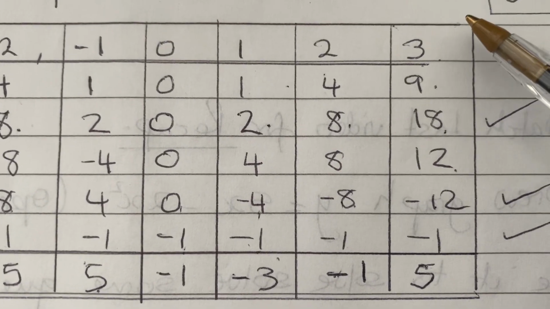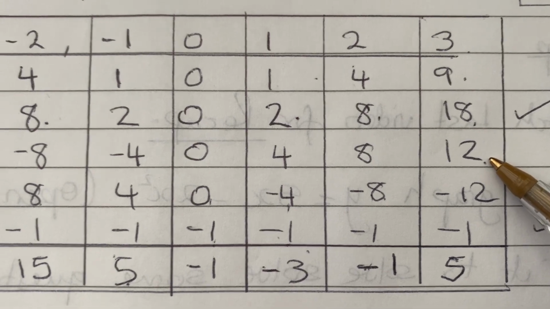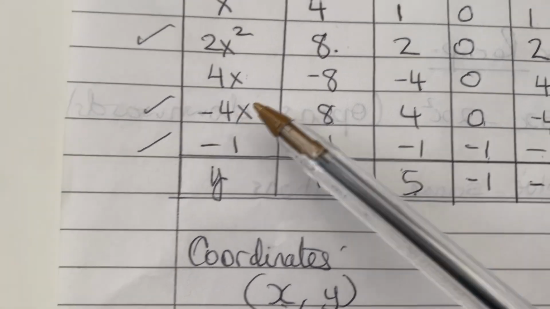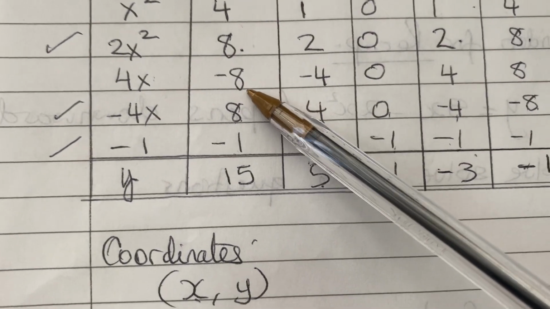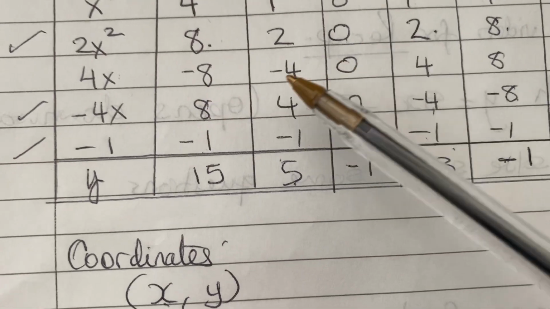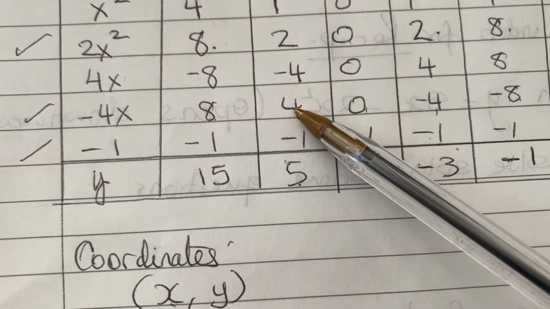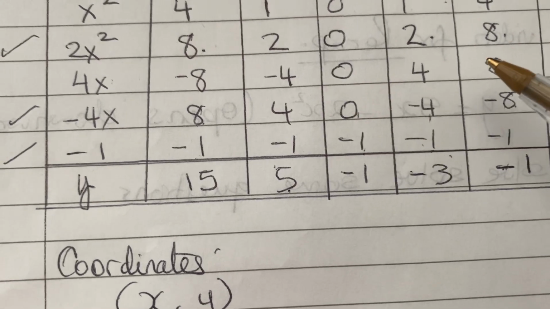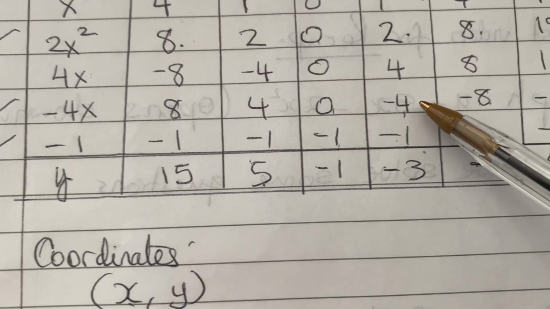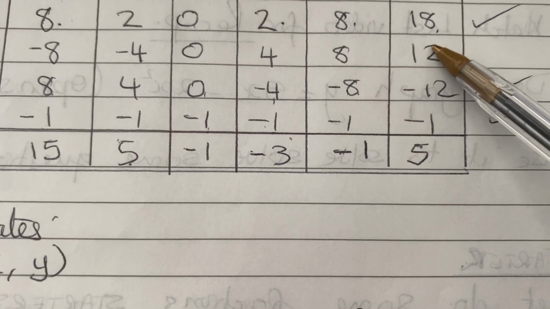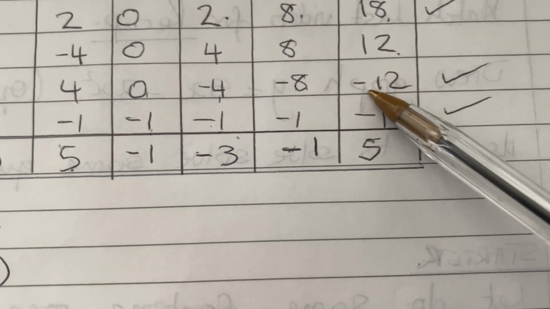And 4 times 3 is 12. So now we want negative 4x. So if it is -8, it will become 8. -4 will be 4. 0 will be 0. 4 will be -4. 8 will be -8. And 12 will be -12.